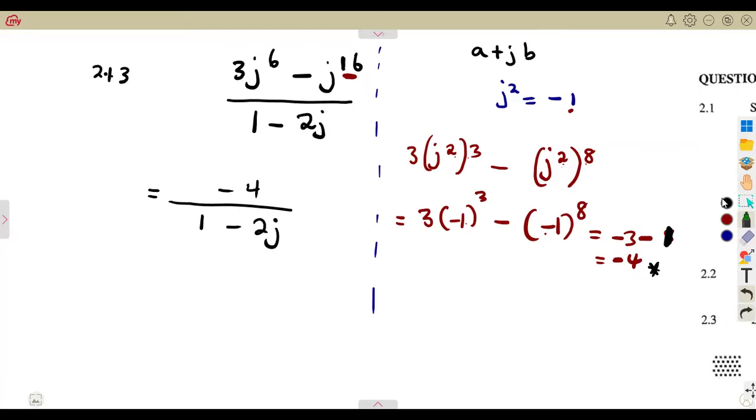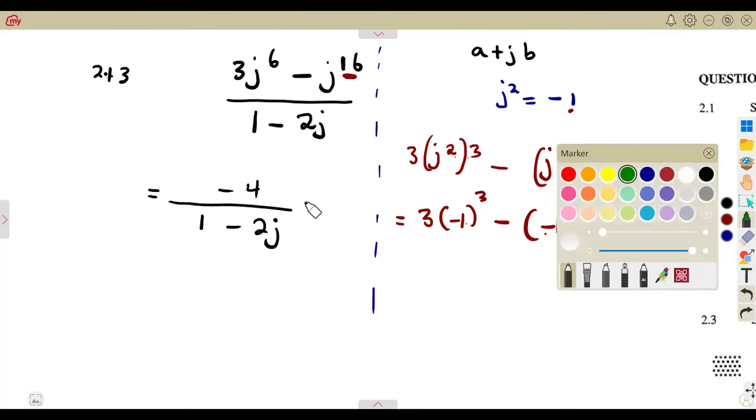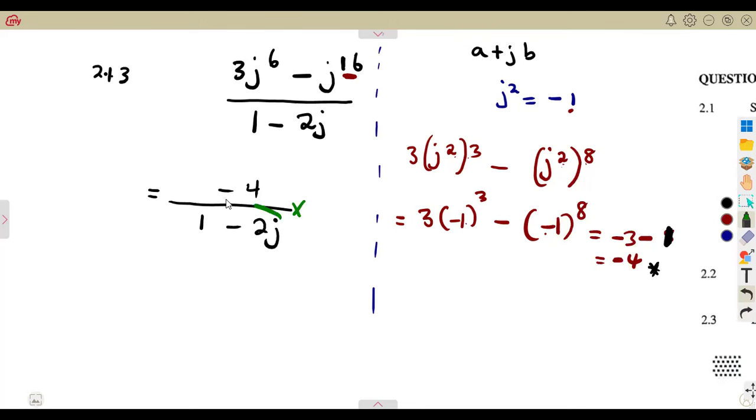So we are simply back to the part that we had before of finding or determining the complex conjugate. Like I said, the denominator is not supposed to be having this j. So what is the conjugate? Introduce a negative, negative, negative, that will be a positive. So that's going to be 1 plus 2j, everything over 1 plus 2j.